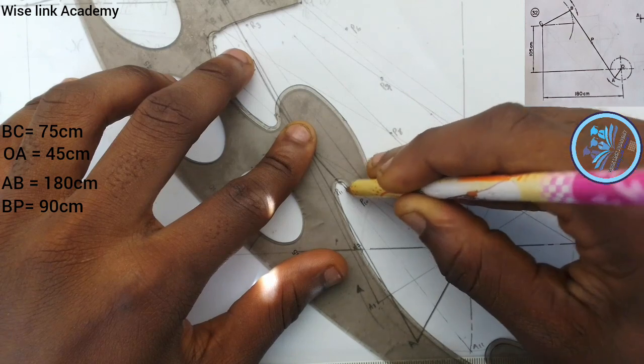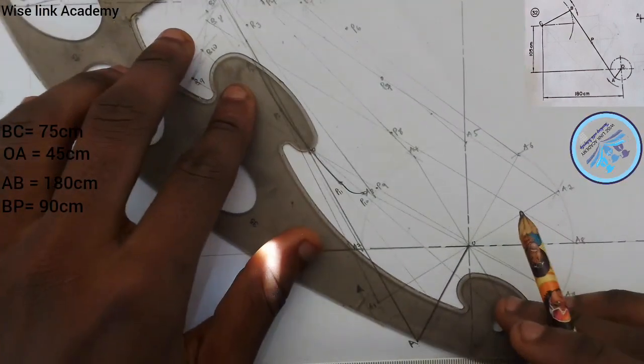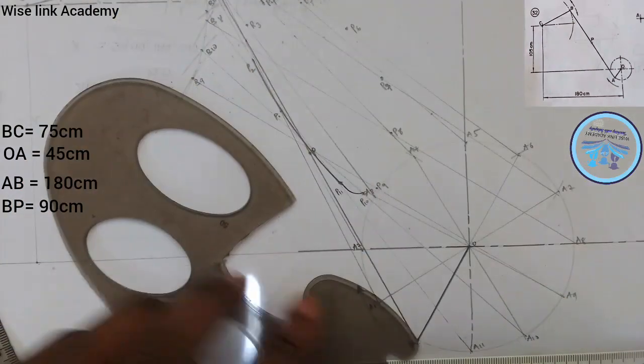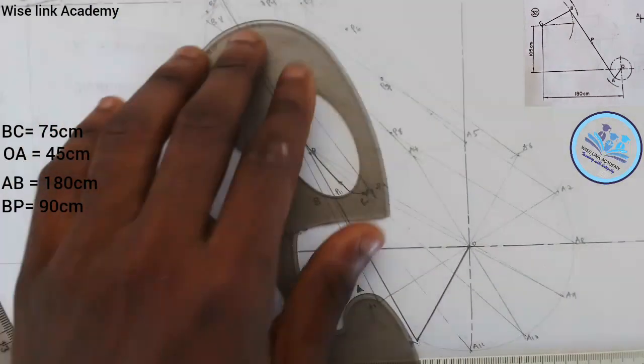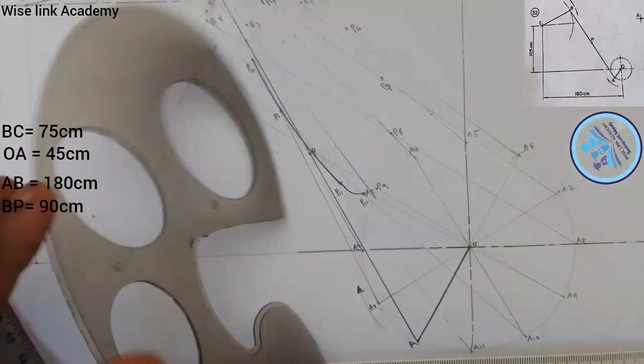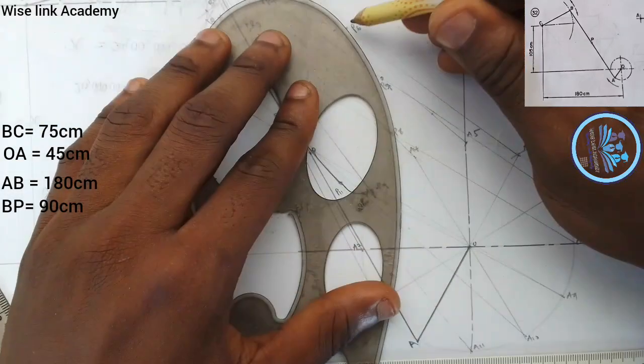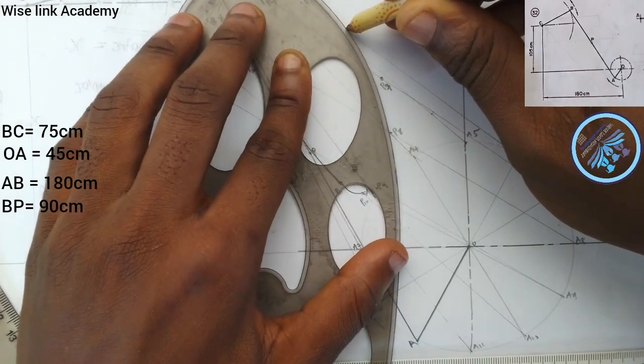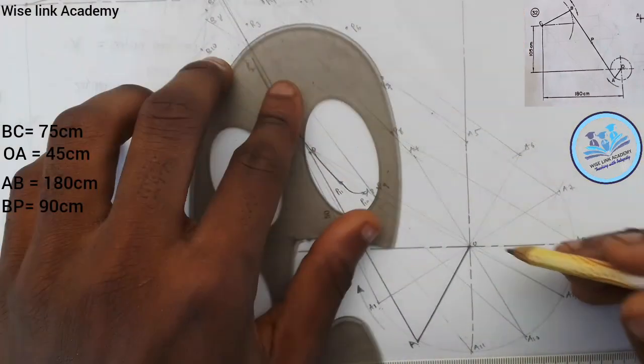Take it to point A this way. So you can see, coming to this point here. Let's see. I'll take it this way.